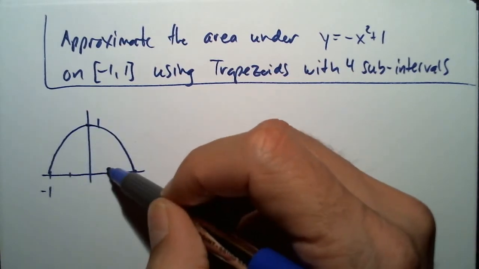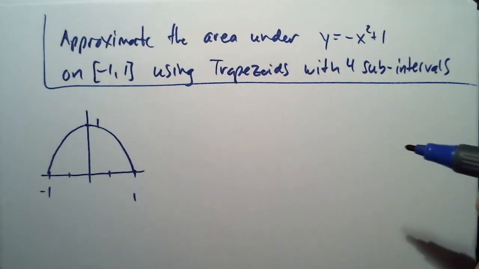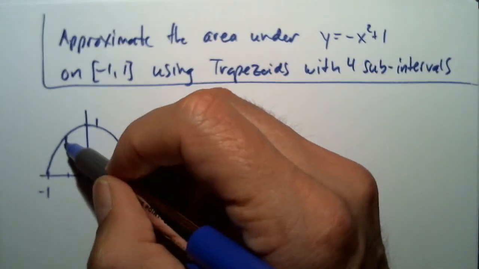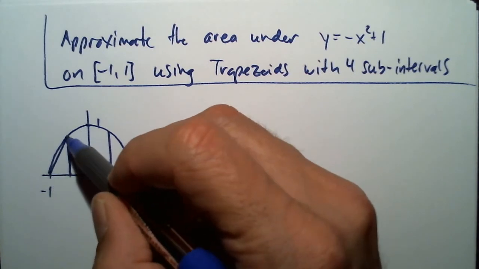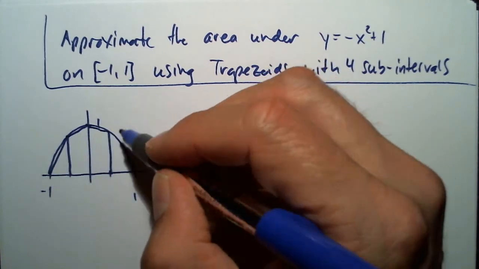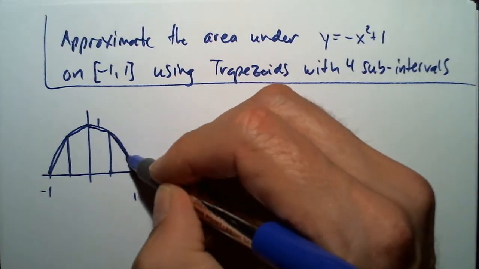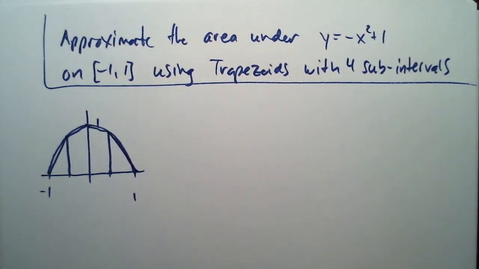Parabola, we are going to have four sub-intervals, but now we don't draw rectangles, we're going to draw trapezoids, and we should get a better approximation with trapezoids.